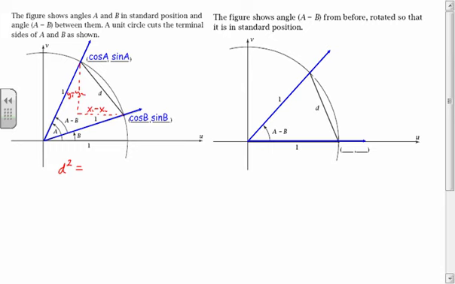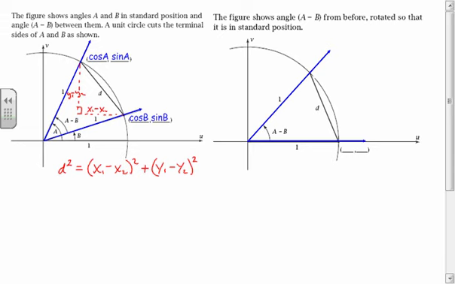And we have this right triangle, so we would get x1 minus x2 squared plus y1 minus y2 squared, and if you wanted to find the distance between those 2 points, you take the square root of that. That looks just like the Pythagorean theorem, and in fact, that's what it is. We're going to leave it as d squared right now because we're just using this as a way to derive this formula, and that will be the most convenient thing to do.